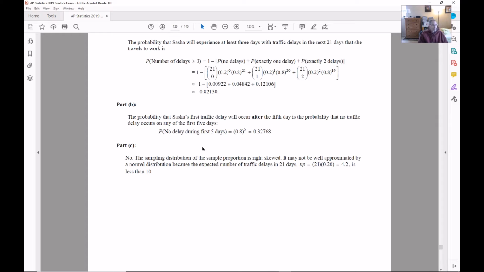Well, in working with geometric, we know that it's like a fail, a fail, a fail, a fail, and then success. Or maybe I left out a day, but you get the idea. So they just went ahead and did it. The probability of no delays during the first 5 days is 0.8 raised to the 5th. And they got the same answer. We would get full credit for this.